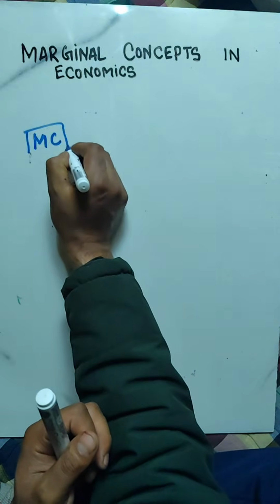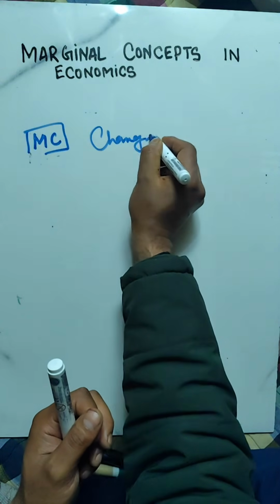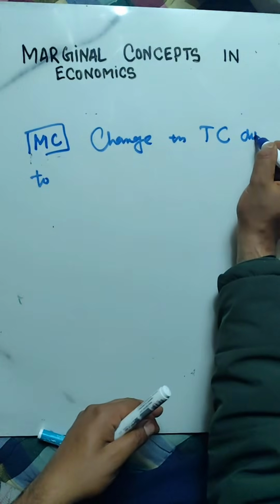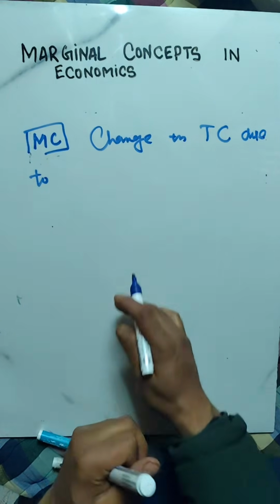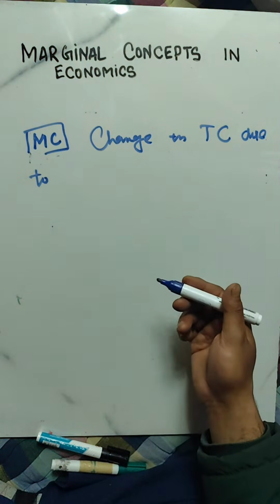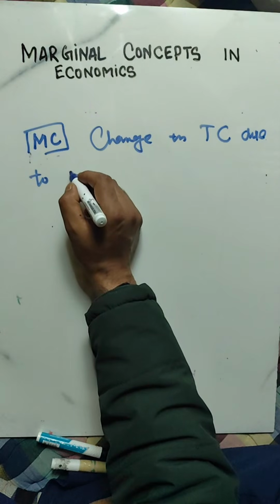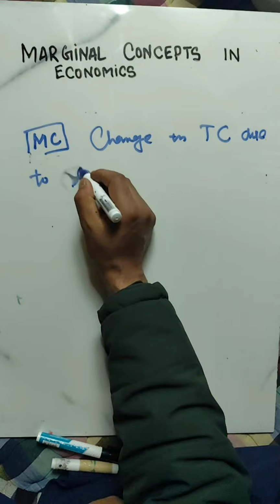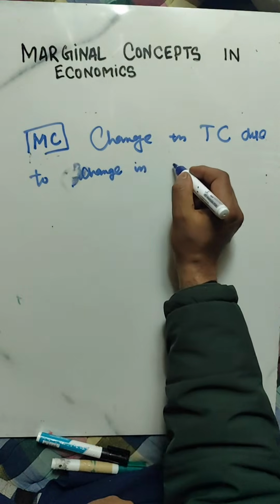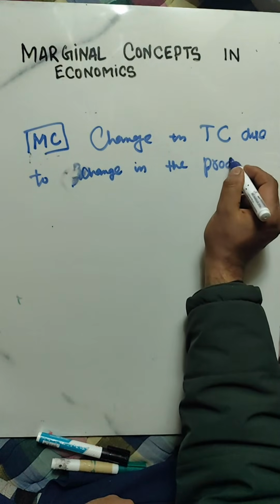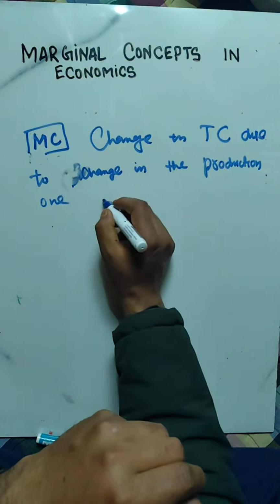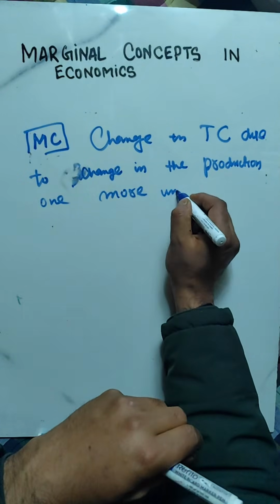Marginal cost is simply the change in total cost due to the change in the additional unit of output, due to the change in the production of one more unit of output.